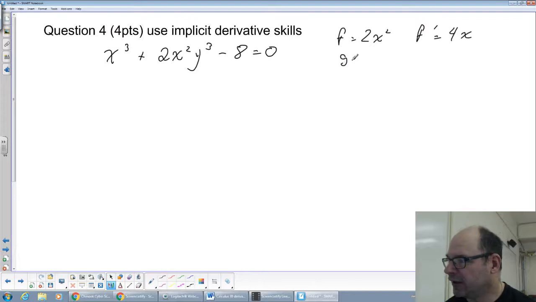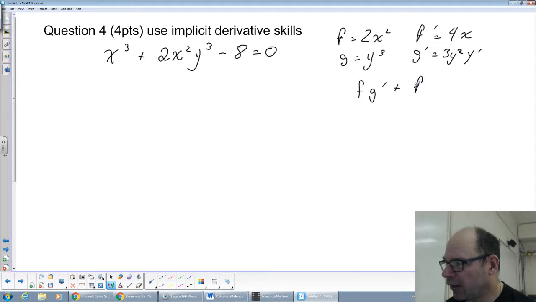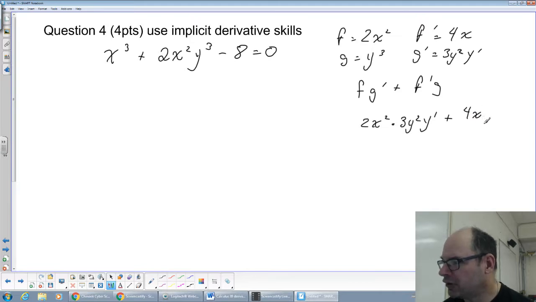Okay, and g equals y cubed, so g prime equals 3y squared y prime. Then if we do f g prime plus f prime g, we're going to get 2x squared times 3y squared y prime plus f prime being 4x times g, which is y cubed.